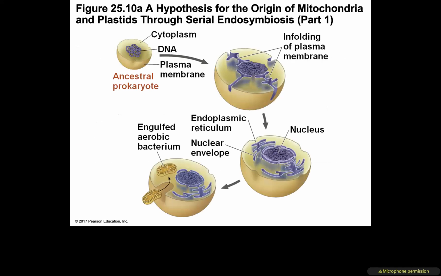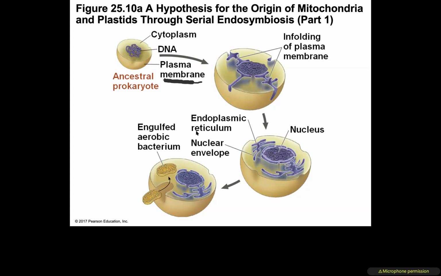Oh, here we go. Here's the beautiful picture that I was looking for. So this is just going to show you your ancestral prokaryote and the building of the internal membranes. When you look here, you can see your DNA inside, just like an ancestral prokaryote. You have your plasma membrane, just like prokaryotes have a plasma membrane.